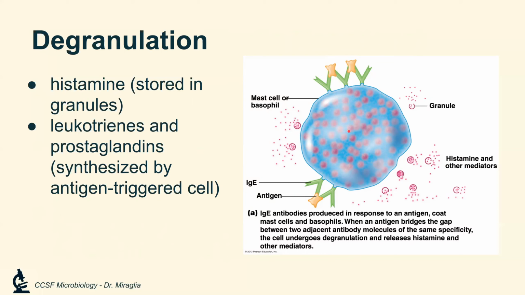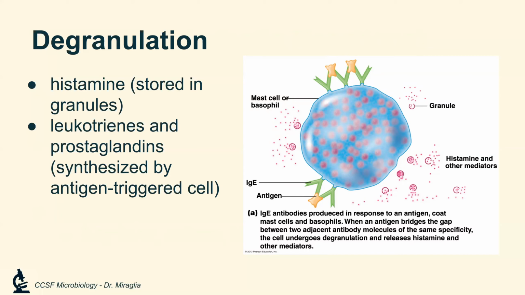So histamine is the primary mediator. We also see leukotrienes and prostaglandins that are, when this occurs, being synthesized, and all of those have these inflammatory effects like vasodilation and fluid coming to the surface. So you have things like a runny nose, for example, or your sinuses are all plugged up and swollen.